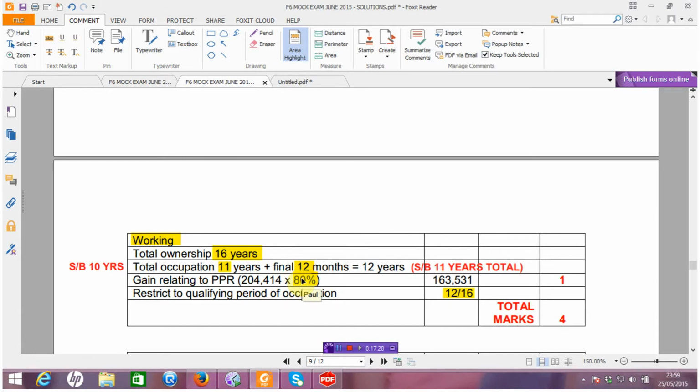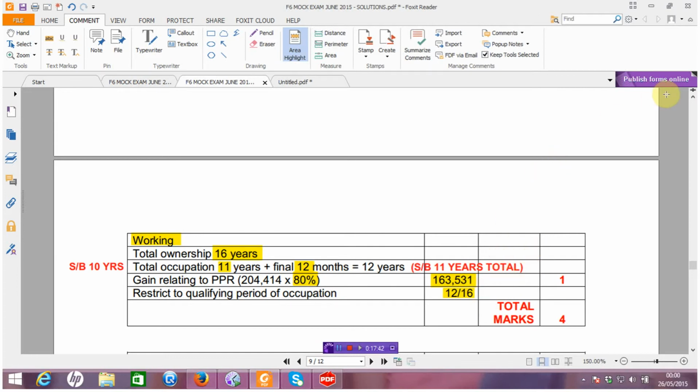He had a new dental premises. But that's by the by now. So what they're saying is that's the gain. Therefore, only 80% of that gain is going to be eligible for PPR relief. So that's why they only deal with the 163,531 up above.